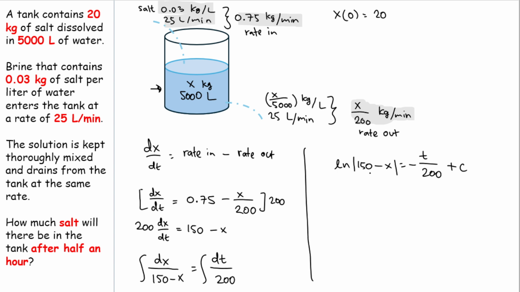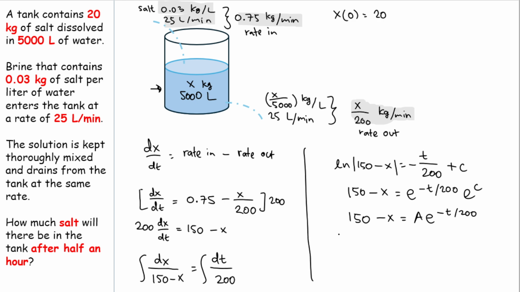Now we take the exponential of both sides, so 150 minus x is equal to e to the minus t over 200 plus c. We can rewrite this as e to the c times e to the minus t over 200, and e to the c is just a constant. So 150 minus x is equal to a constant multiplied by e to the minus t over 200.